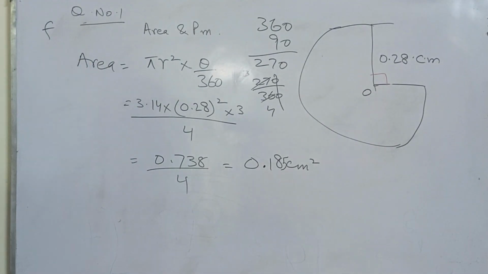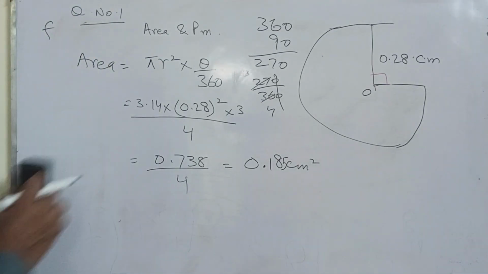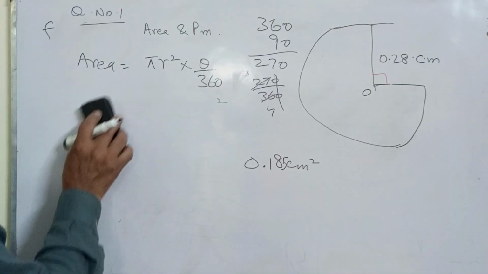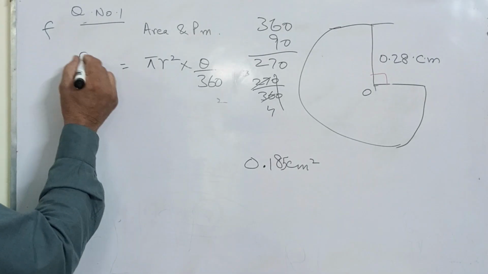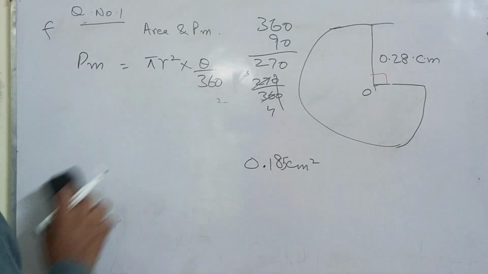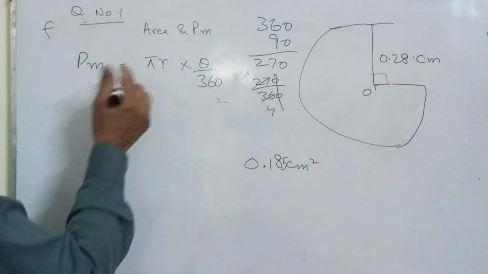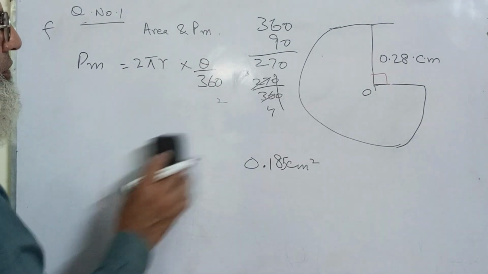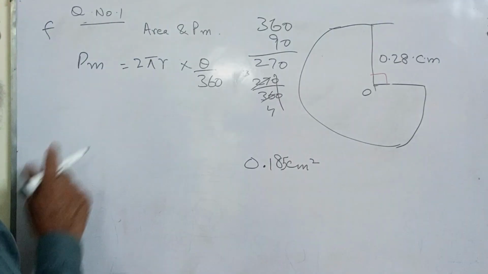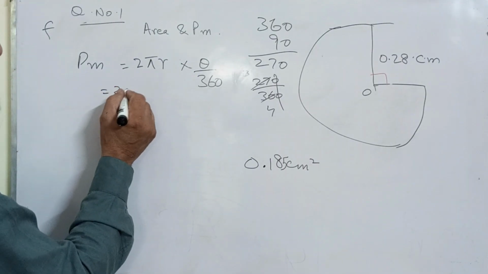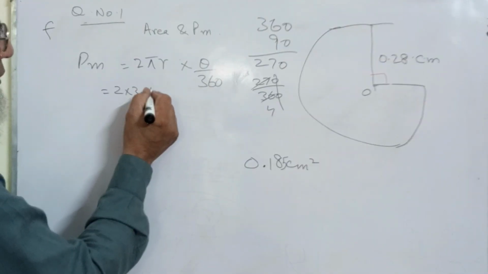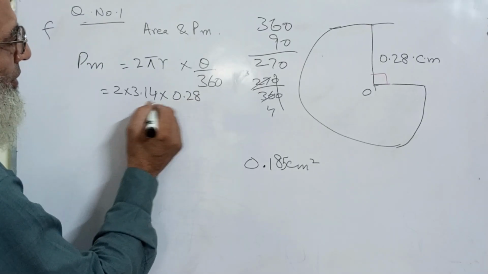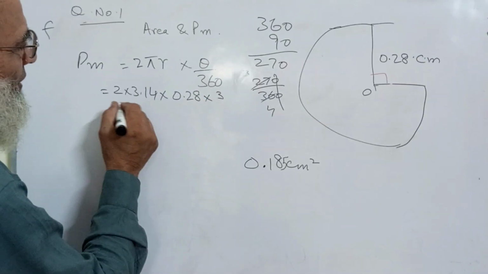And now the perimeter. For perimeter it is 2 pi, and the rest of the things will remain the same. So it is 2 multiplied by 3.14 multiplied by 0.28 multiplied by 3 divided by 4.